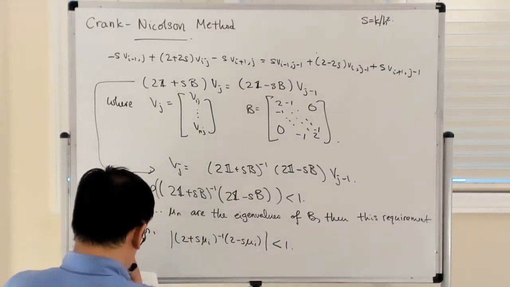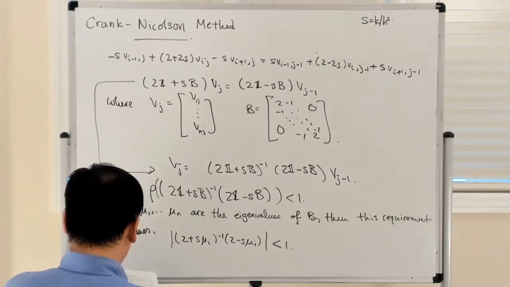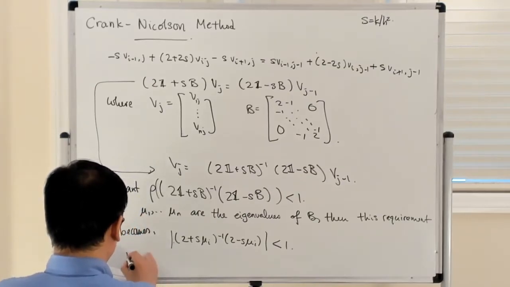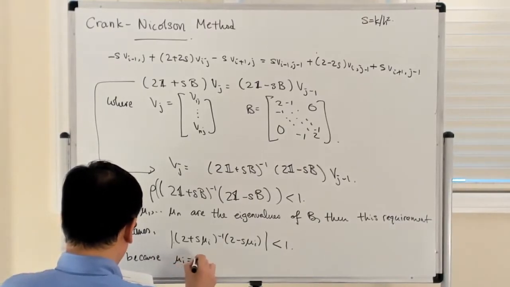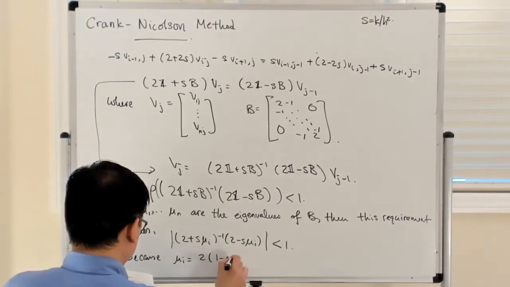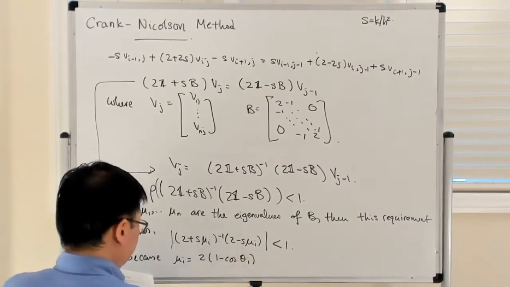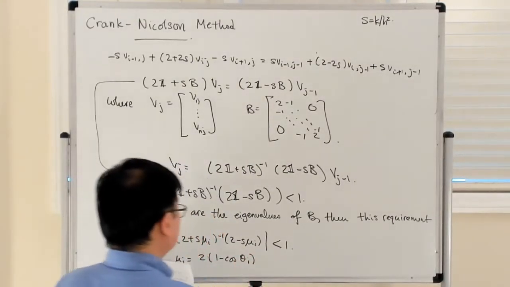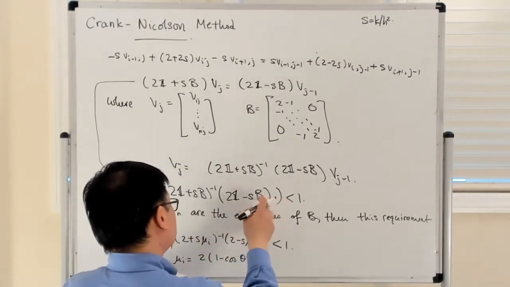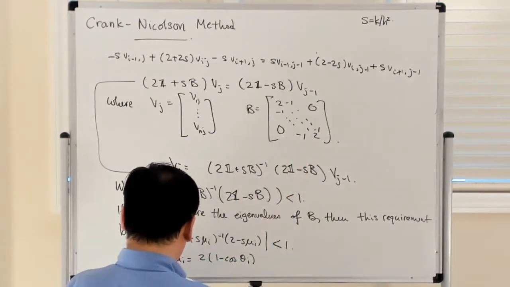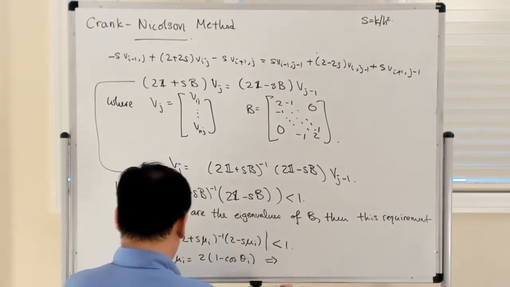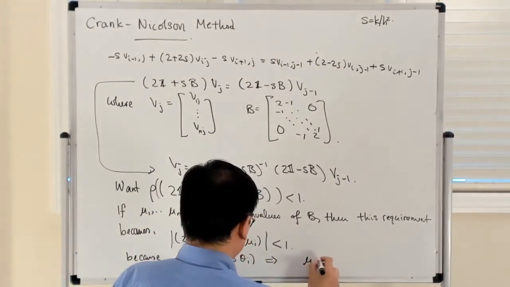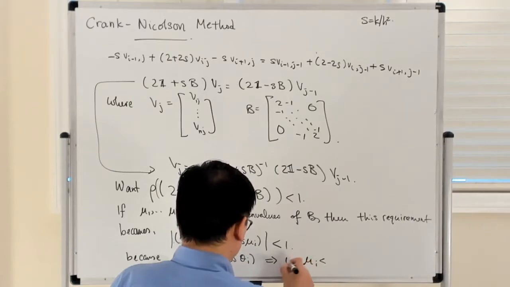Okay, so because mu_i is equal to 2 times (1 minus cosine theta_i), which is something we've established before, the eigenvalues of this matrix B, this implies that mu_i is between 0 and 4.